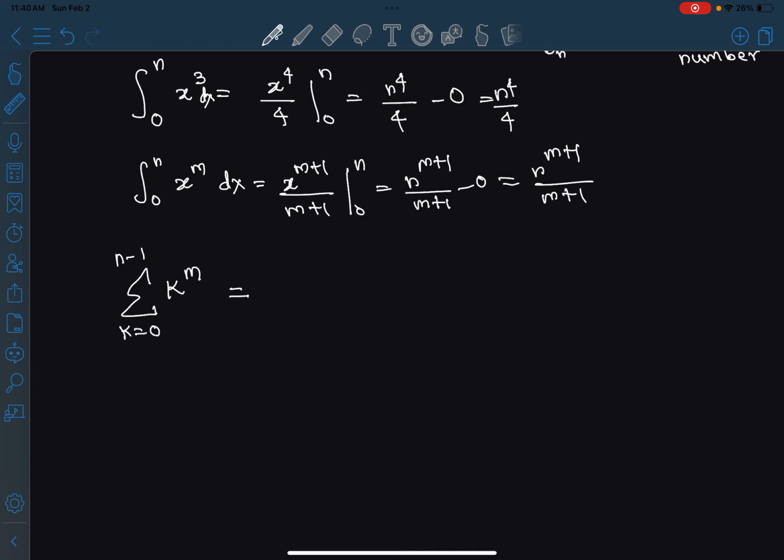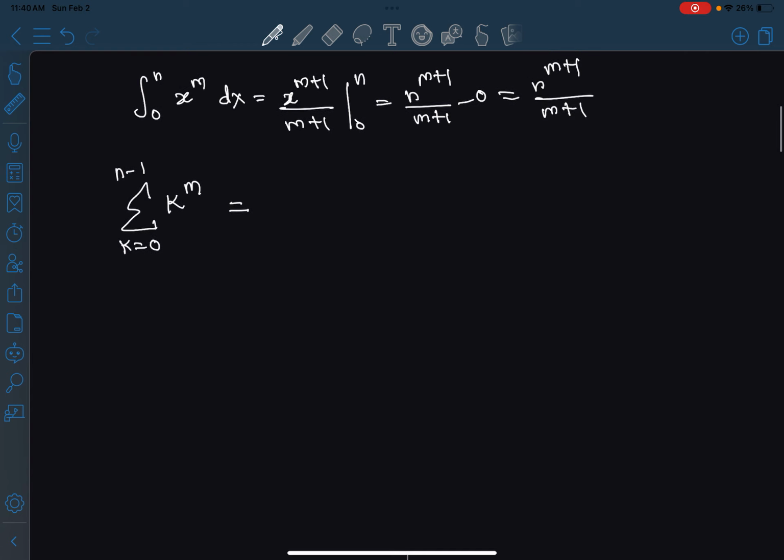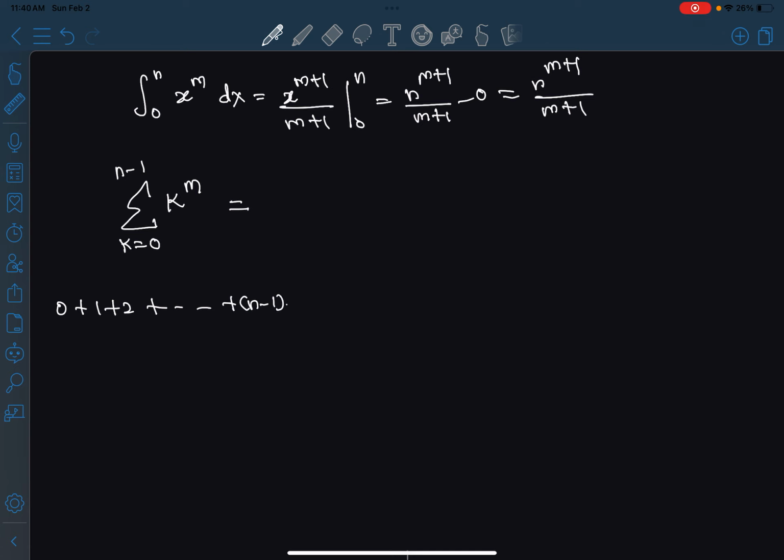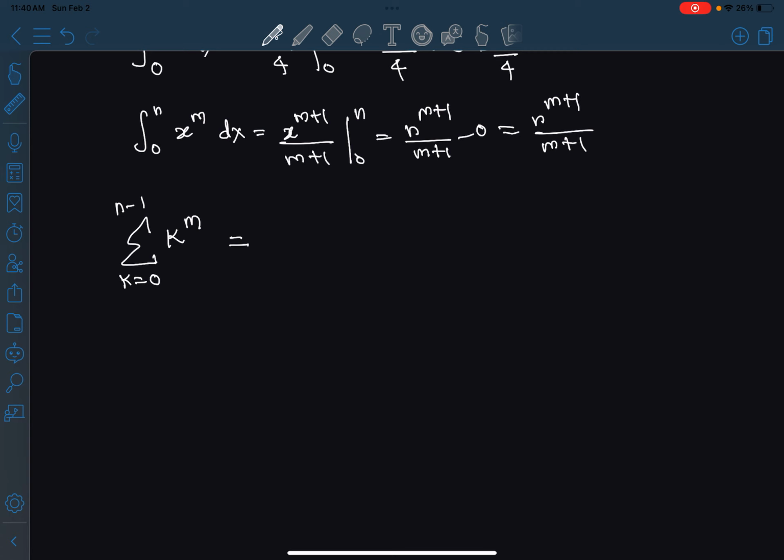And note that such sums are really everywhere. Because if m is 1, this is 0 plus 1 plus 2 up to n minus 1, which we have always read, and this is basically n times n minus 1 by 2. Also sum of squares, sum of cubes of the first n natural numbers. We have done this, so this is of some importance. So there's also a similar way to find this sum.